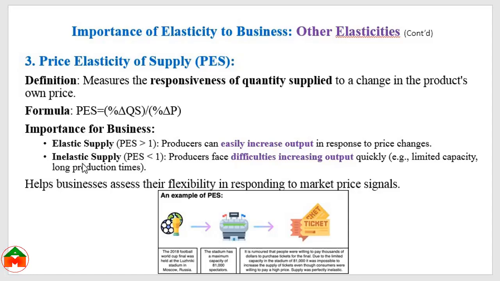On the other hand, in case of inelastic supply, the supplier or the producer faces difficulties to increase the output due to the change in price. So as a supplier, you have to know which one is elastic supply and which one is inelastic supply.